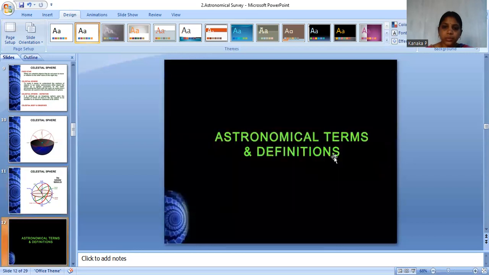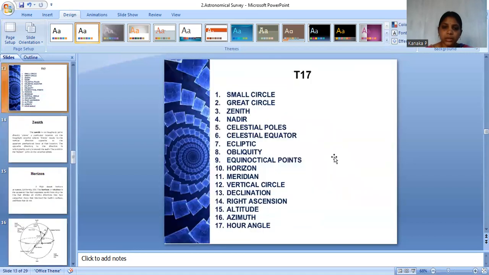Celestial sphere terms are astronomical terms: small circle, great circle, zenith, nadir, celestial pole, celestial equator, ecliptic, equinoctial point, horizon, meridian, vertical circle, declination, right ascension, altitude, azimuth, hour angle.